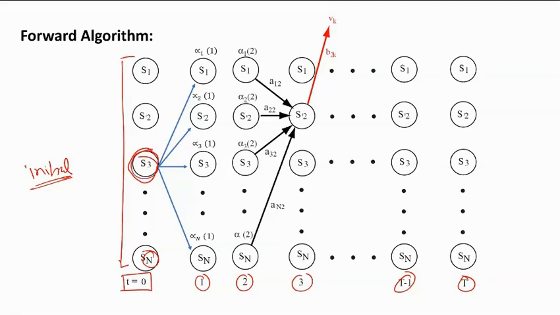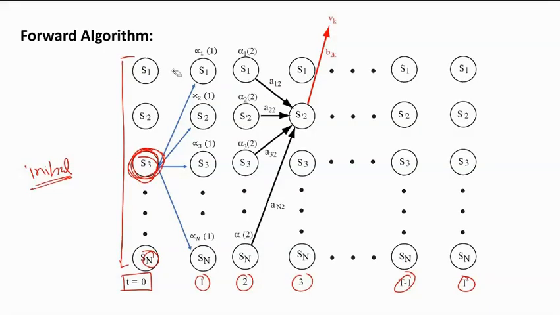From here I can go to S1, S2, S3, up to Sn. S3 is the beginning, so this is fixed and known to me at time step 0. There will be transitions from S3 to all other states that are possible or allowed.